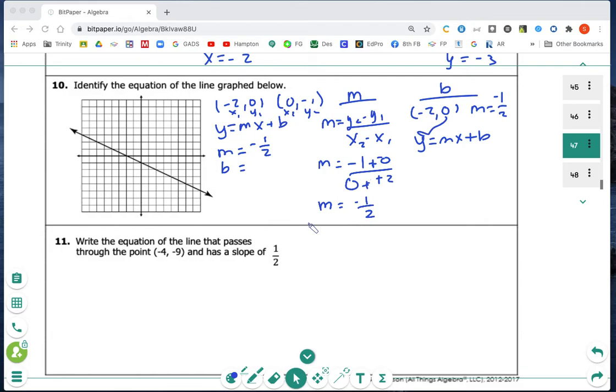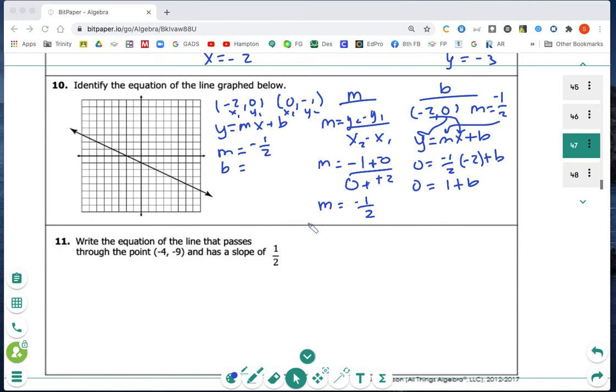My y goes in, 0. My negative 2 is going to go in for x, and my negative 1/2 is going to go in for m. So 0 is equal to negative 1/2 times negative 2 plus b. 0 is equal to positive 1 plus b.